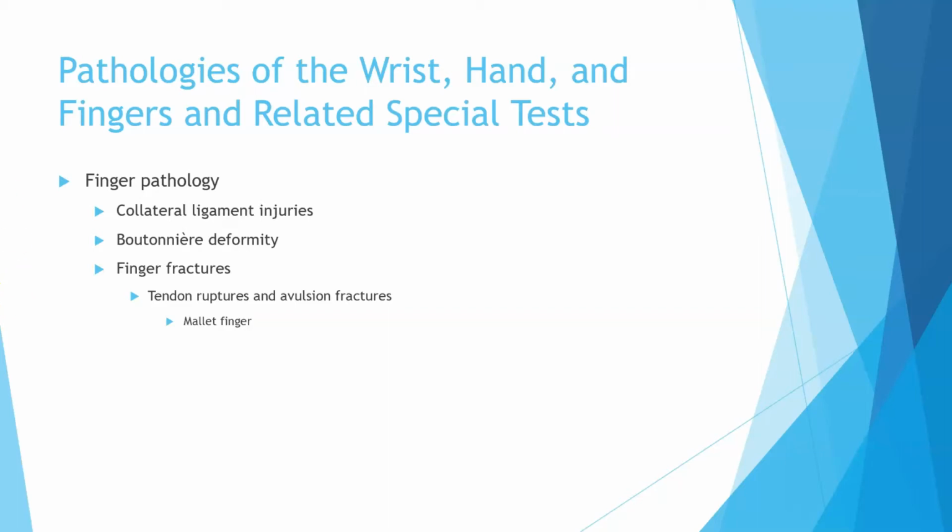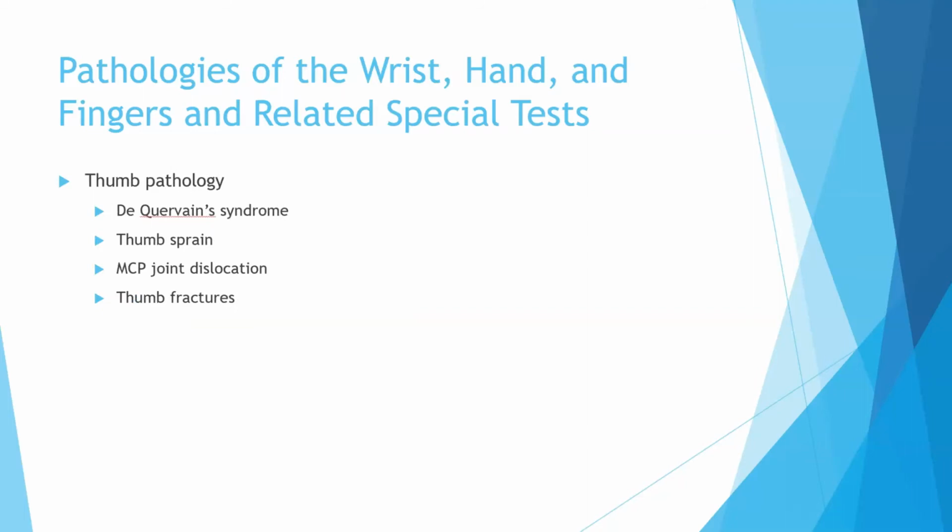Finger pathology, we've talked before. The video that the gentleman specifically showed what boutonniere deformity was and mallet finger for the different tendon ruptures, or if there happens to be an avulsion fracture. So go back and look at the last, I'd say, minute and a half of that video, and that would talk specifically about the different deformities of the fingers.